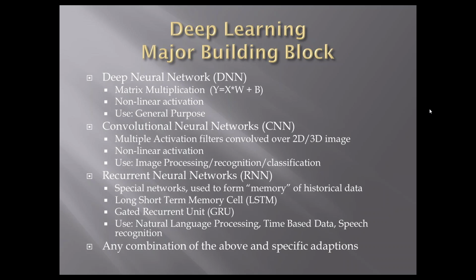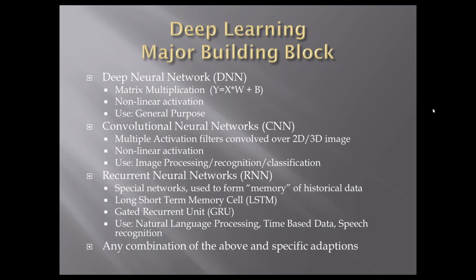This works on 2D, 3D, and I've even seen a 1D type of convolutional neural network. Again, you have nonlinear activations in this type of structure. It's generally used for image processing, image recognition, and image classification. There are a few other things being played with in this area as well, but those are the biggies right now.